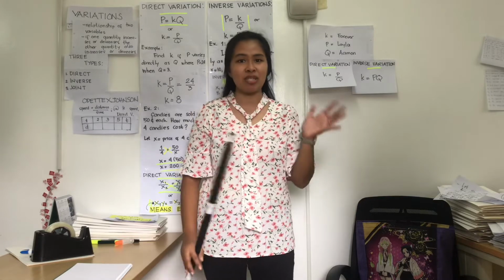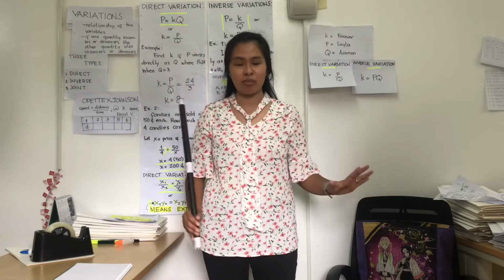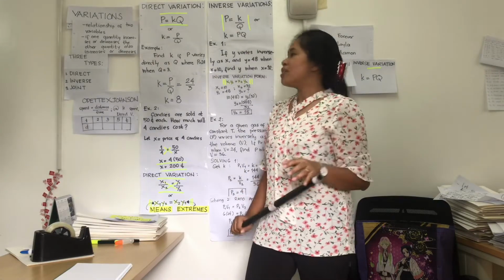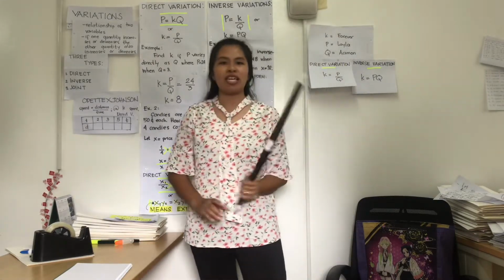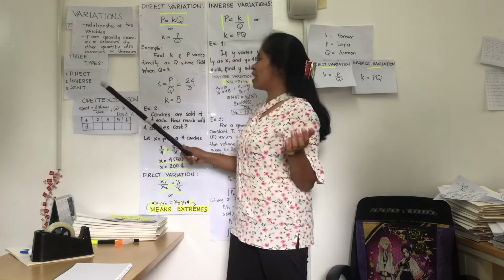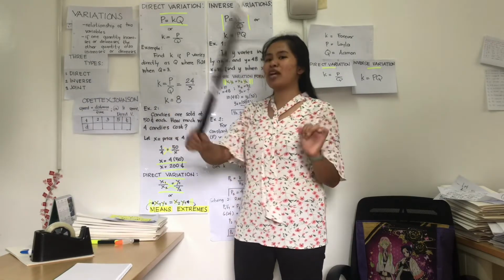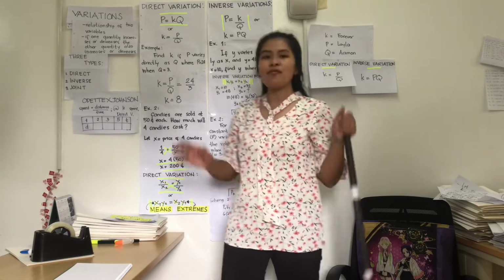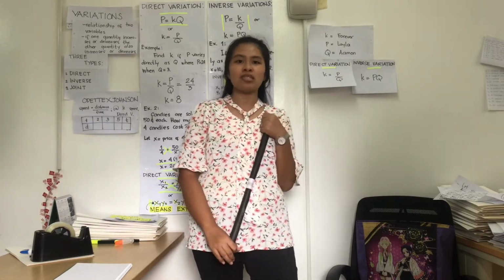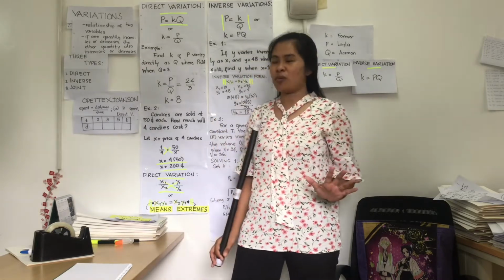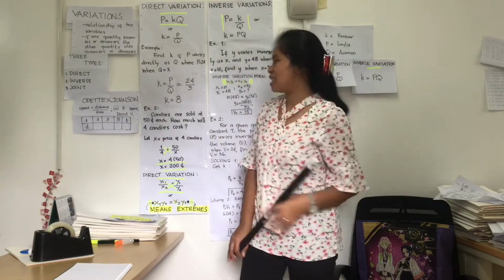It can be changed. That is why it is called variable. It varies, right? There are three types of variations. Can you read this for me, everyone? Joint variations, that's right. But for today's topic, we are only going to discuss direct and inverse variations. So, joint variations can wait.